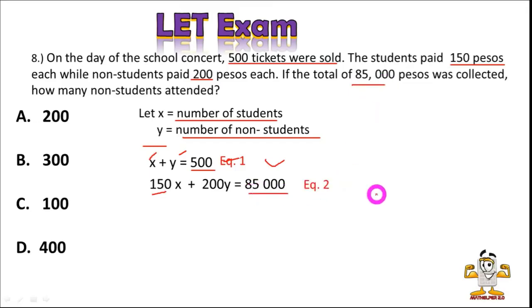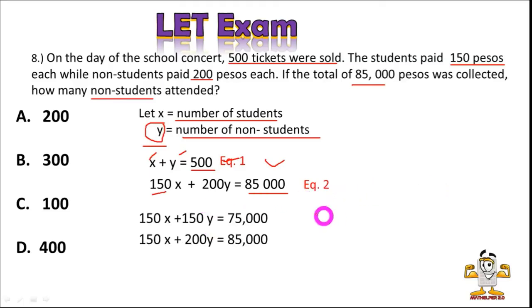So, ito po yung equation 2 natin. So, ang tanong is, ilan po yung non-students? So, ang hinahanap natin yung y. So, para makuha po natin yung y, is solve y in terms of x. So, gawin lang natin is, yung equation 1, mag-multiply po tayo ng 150.